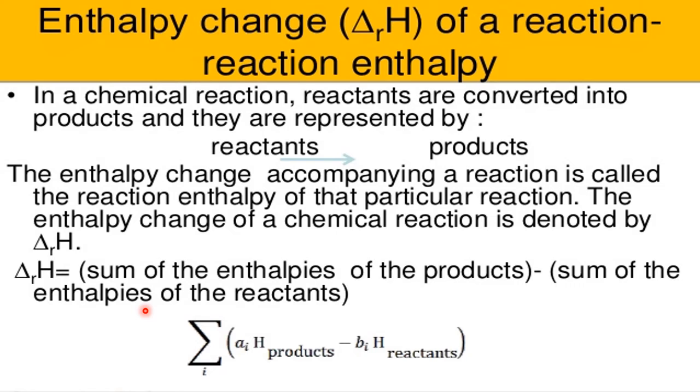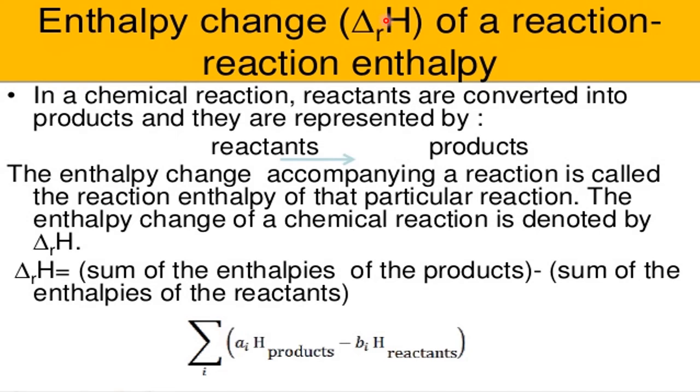In physics, we deal in a separate way, and in chemistry, we apply thermodynamics only for the chemical reactions. So how much energy changes take place when the reactants are converting into the products, whether heat is given out or heat is absorbed. All these energy changes we learn come under the enthalpy change of a reaction, also known as reaction enthalpy, symbolically delta HR.